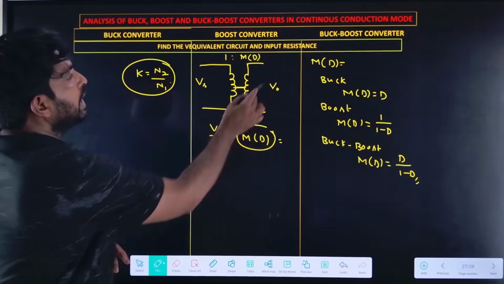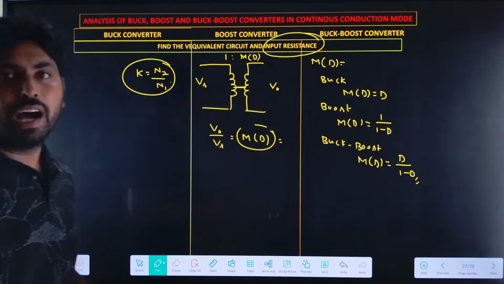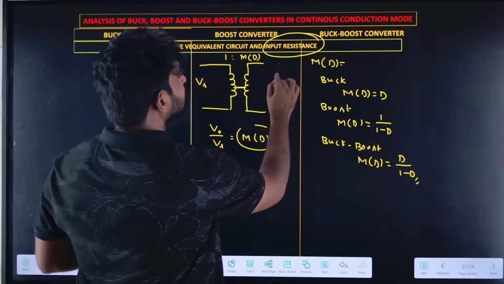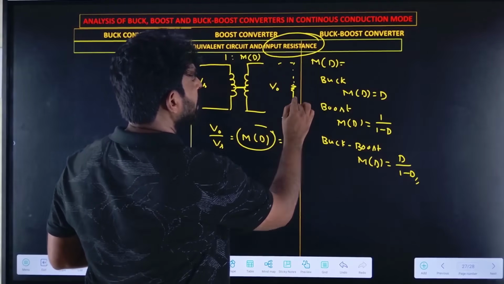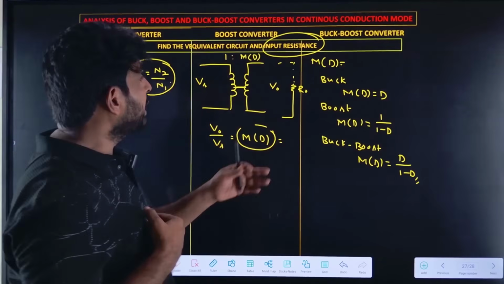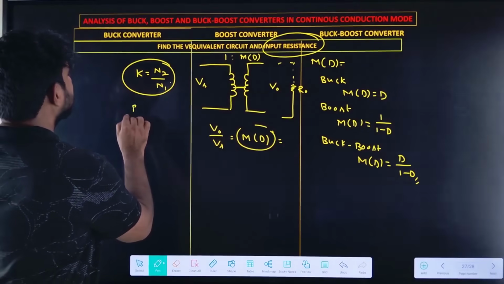For example, if I want to find the input resistance, how can I find it? If I know the output resistance R naught, in a transformer, how can I find the input resistance in terms of output resistance?